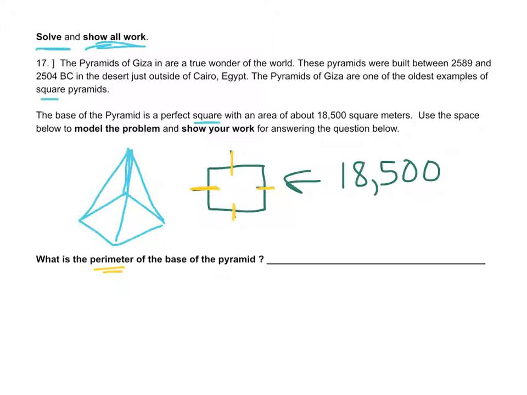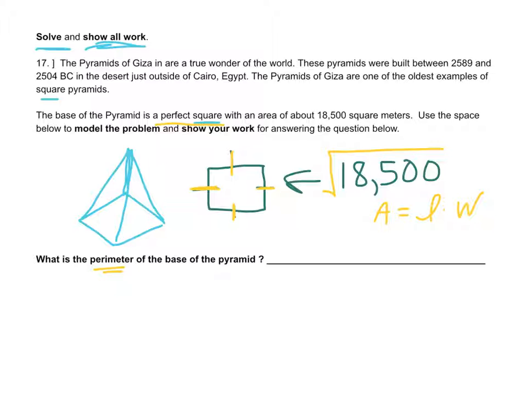So to get one of the side lengths of a square, we would have to think, well, area is length times width, and each side would have to be the same. So because it's a perfect square, we could take the square root of 18,500 to get the side length.